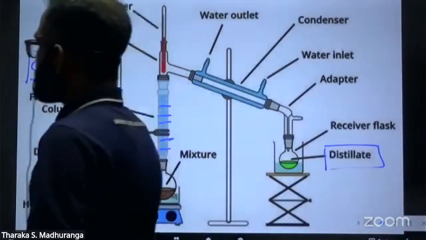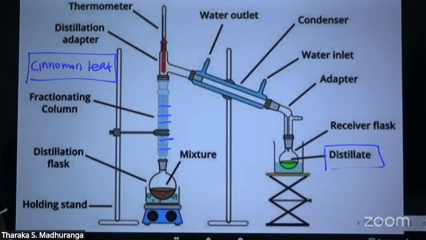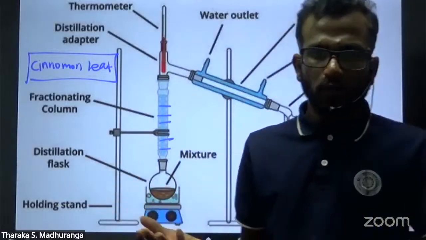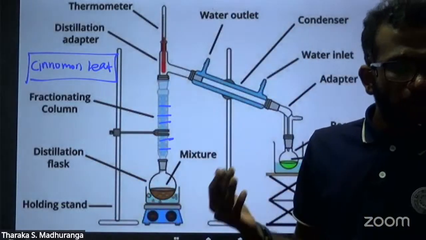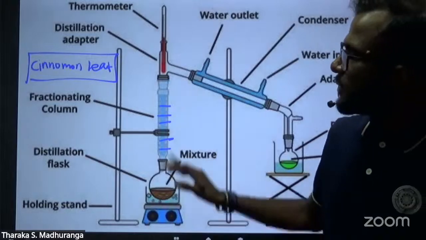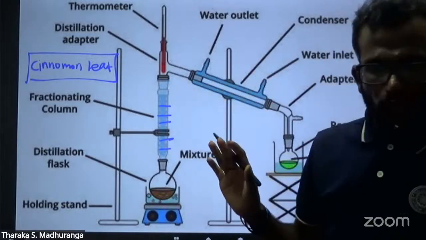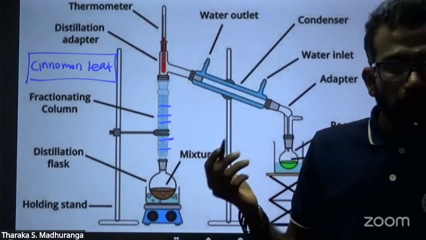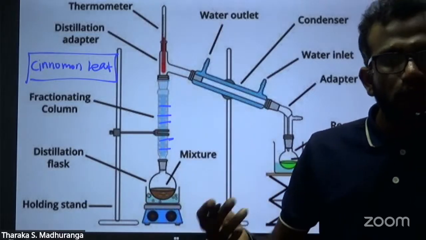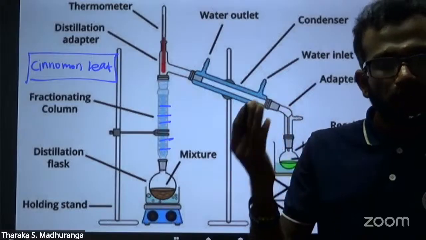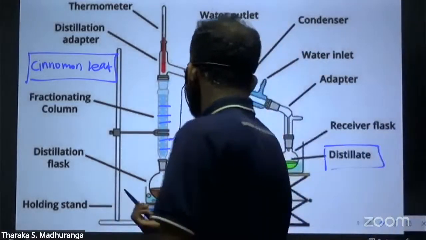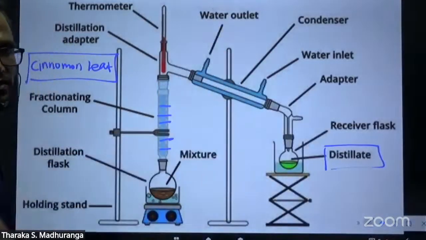You need to remember this fractional distillation very well. No questions have been asked about it up to now; only simple and steam distillation I have asked. You only need to remember that we use fractional distillation if we need to separate more than one compound from the same one plant source, plant material.